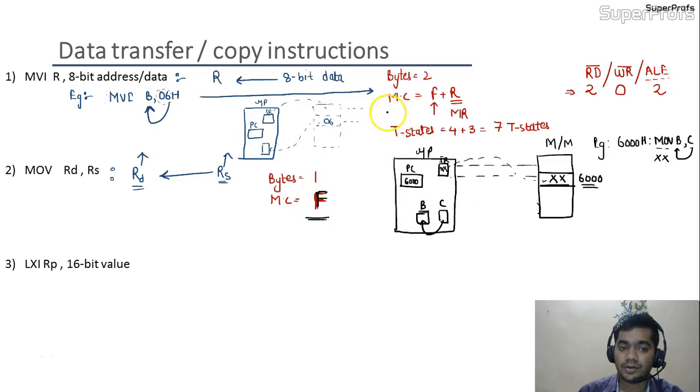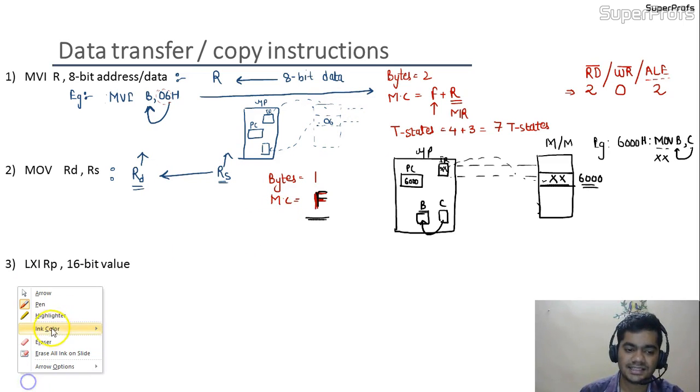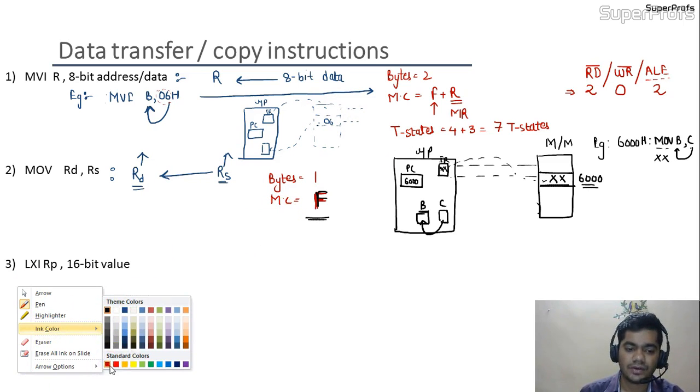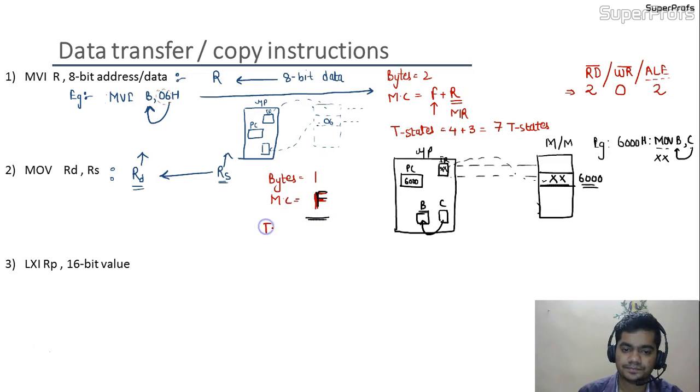And you would be able to differentiate from this why a read is performed, because we are accessing the data from the memory only. Now we can comment on the T states. The total T states required would be 4.